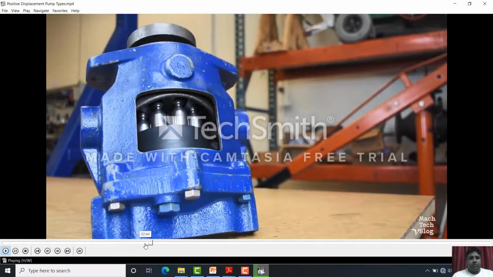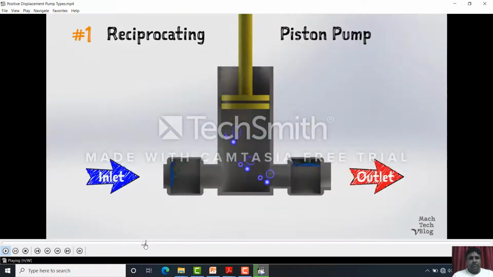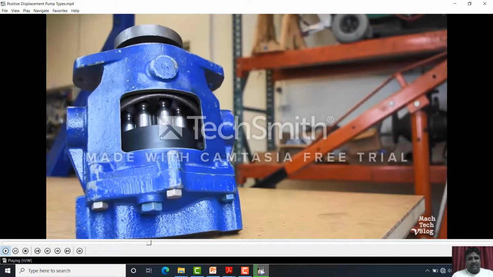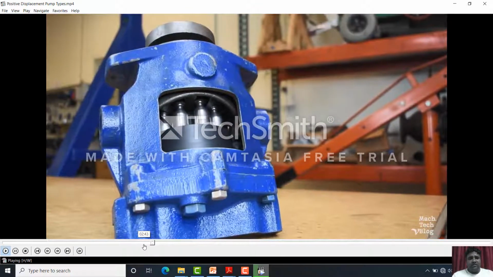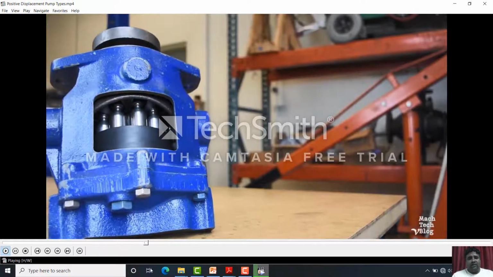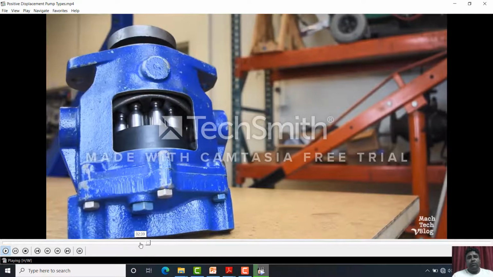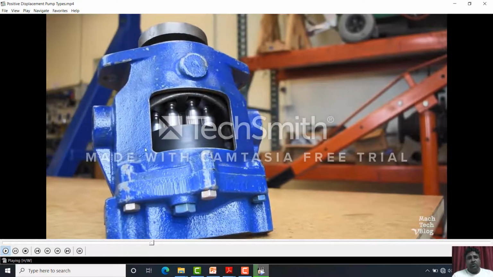So this is a commercial type of the reciprocating pump in which a number of cylinders are there. The number of cylinders is adjusted because if we use a single cylinder, then the water outlet will be kind of pulsating. It will not be a continuous flow. So to achieve a continuous flow, we use a number of cylinders.